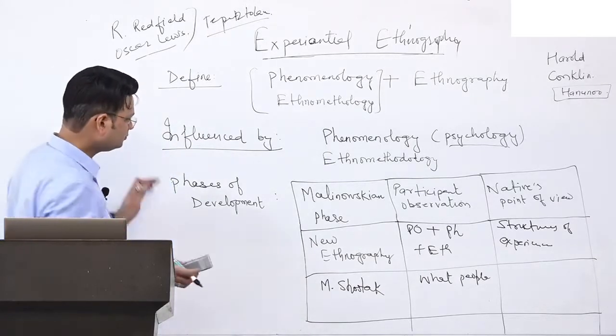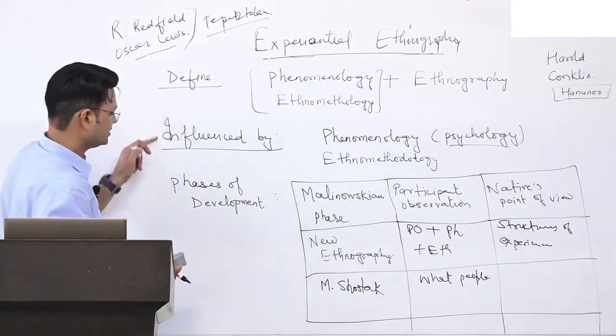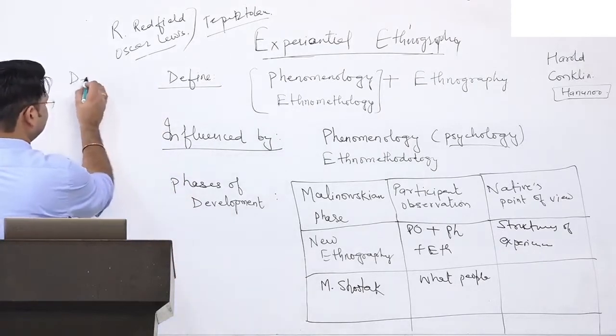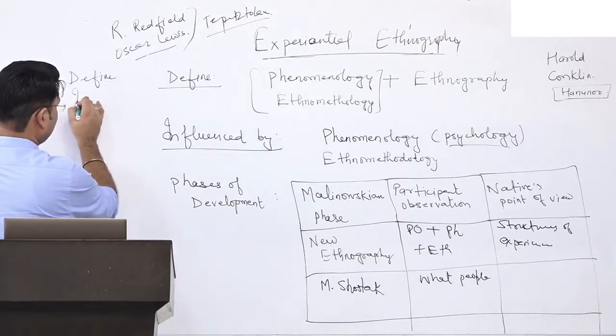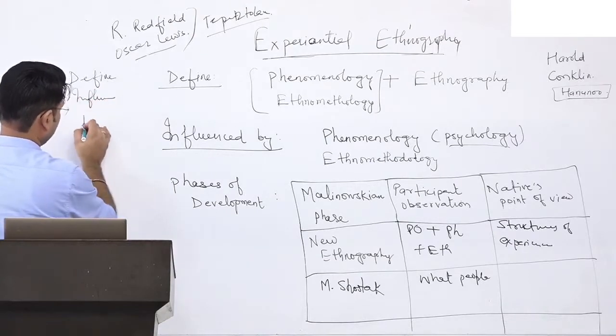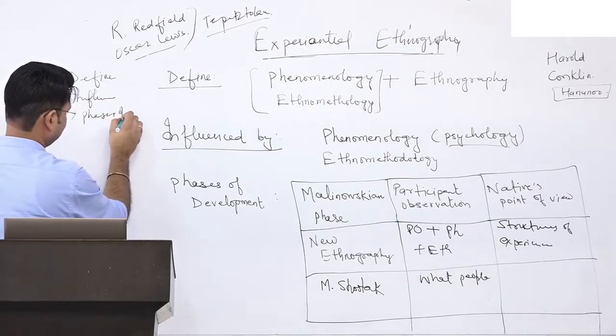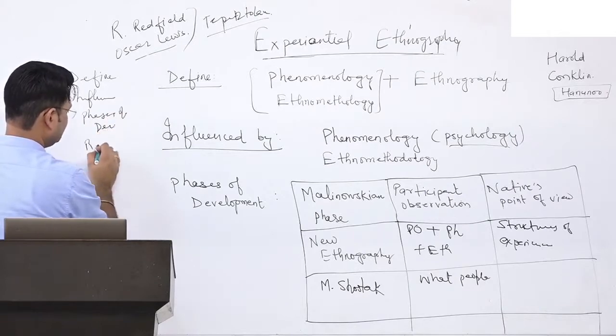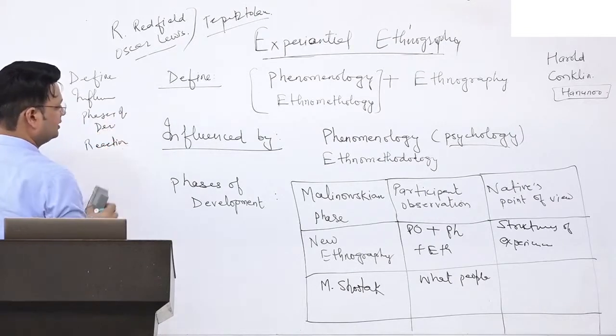Now, what is the scope? We have seen these headings: definition, influences, phases of development, then reaction against ethnography.